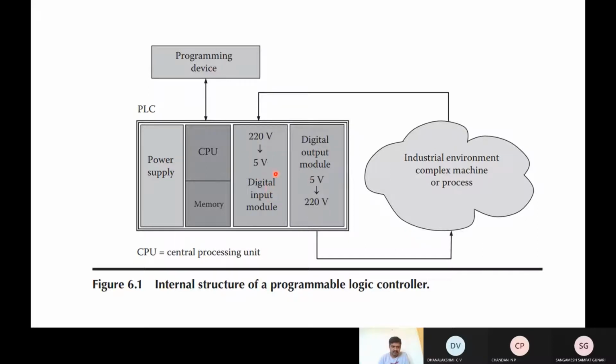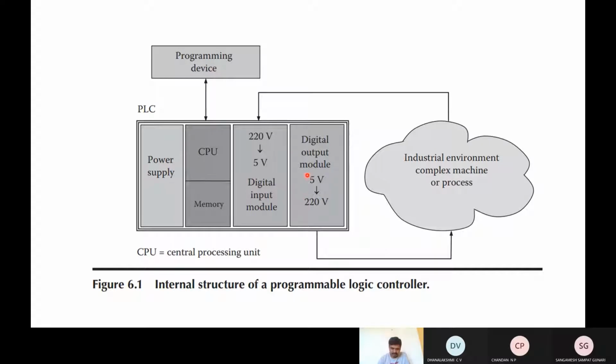Here there will be a voltage reduction. In India it will be 230 volts; the voltage is different in different countries. In countries like the USA it will be 120 volts, in some cases it will be 230 like India, in some countries it will be 220, in some countries 240. In India this voltage will be 230 volts, and then that will be converted into 5 volts.